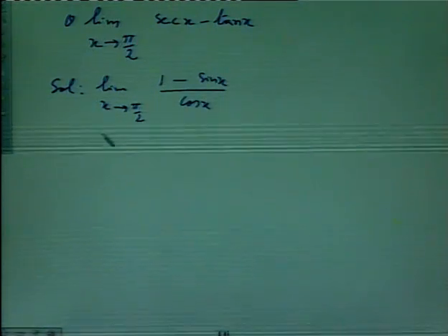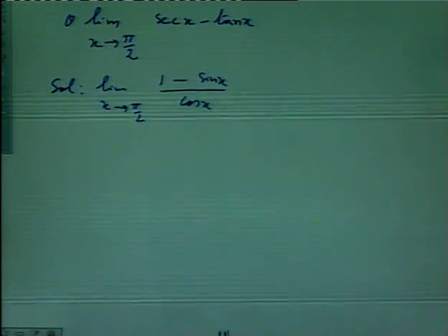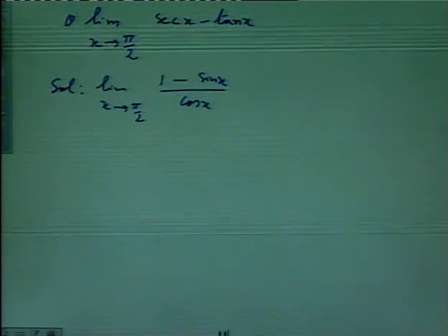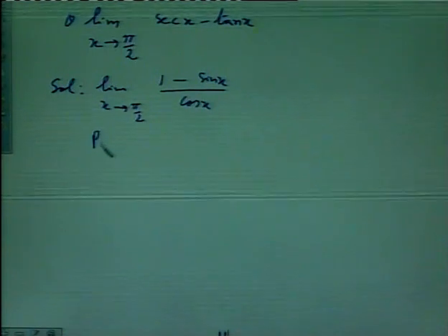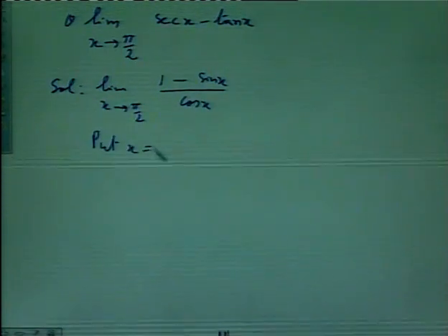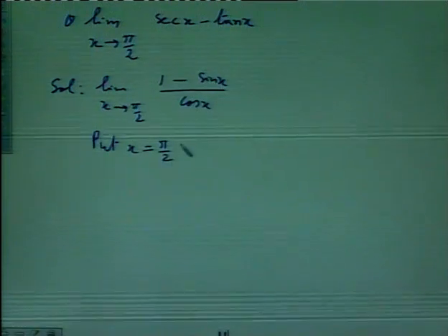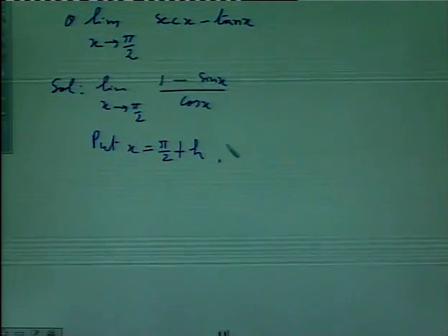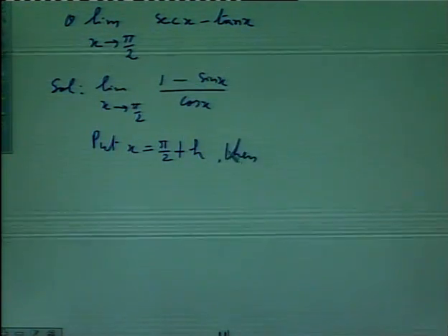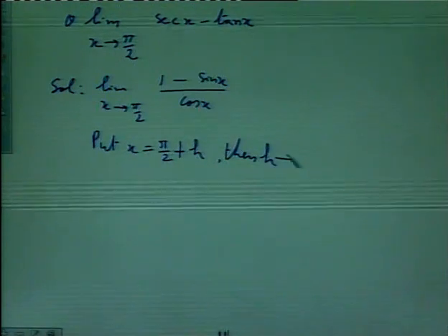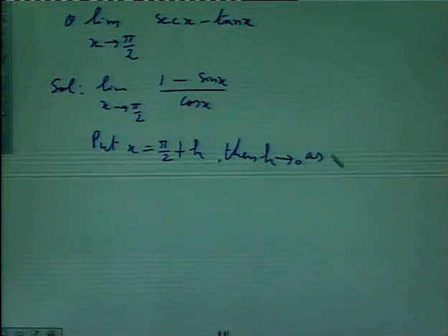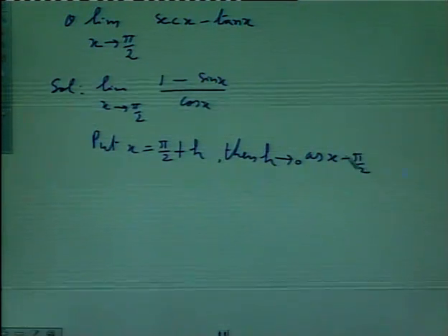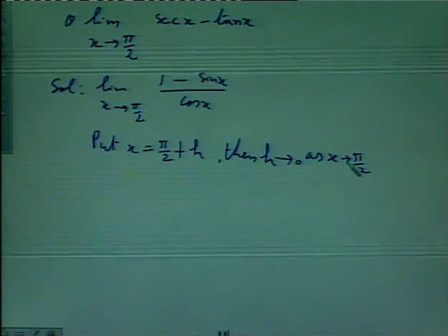Now, again the limit is different from 0, it does not approach 0. So, when the limit does not approach 0, we apply the substitution method, put x is equal to pi by 2 plus h. So, here again h tends to 0 as x tends to pi by 2.